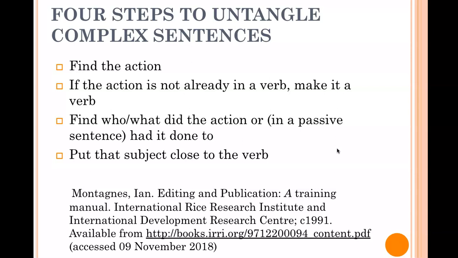Four steps to untangle complex sentences. Find the action. If the action is not already a verb, make it a verb. Find who or what did the action, or in passive sentences, to whom it has been done. Put that subject close to the verb.